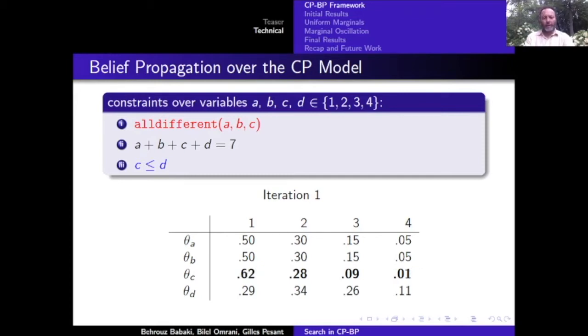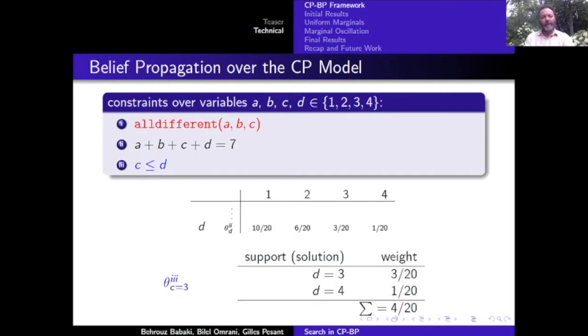Okay, we iterate again. This time, there's something interesting that the variables can send back to the constraints. In particular here, we'll be interested in what variable D can send back to the blue constraint, being the marginals shown here above from the black constraint.